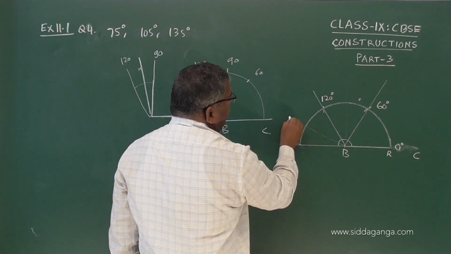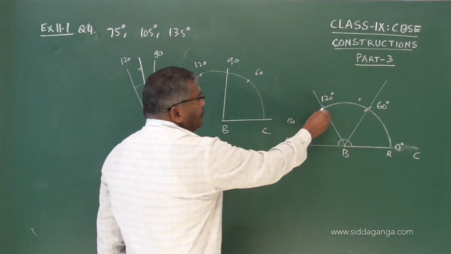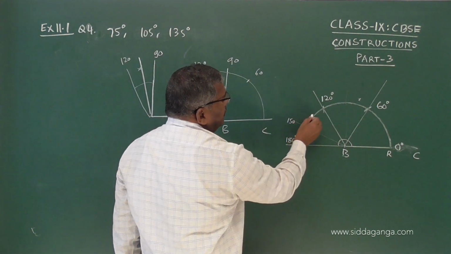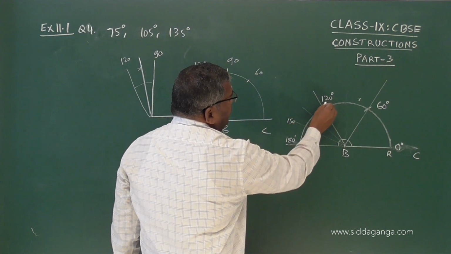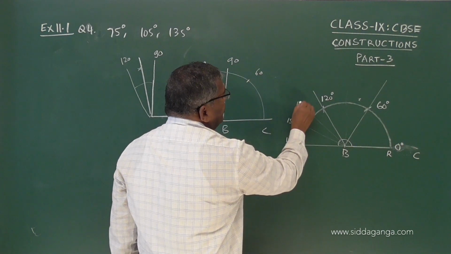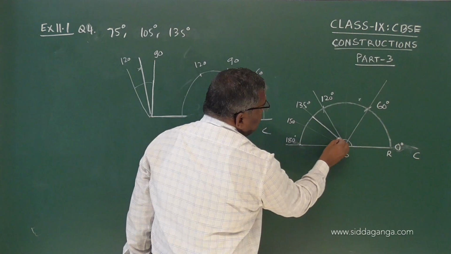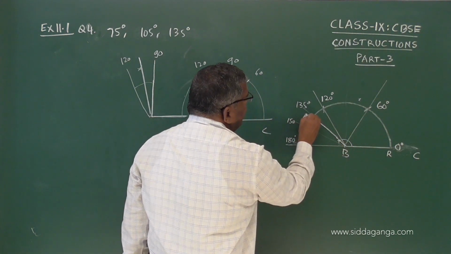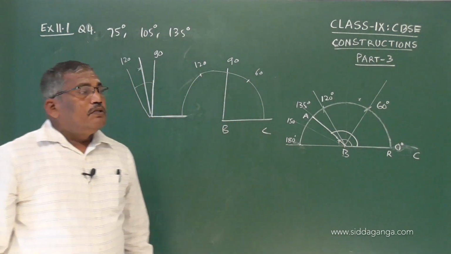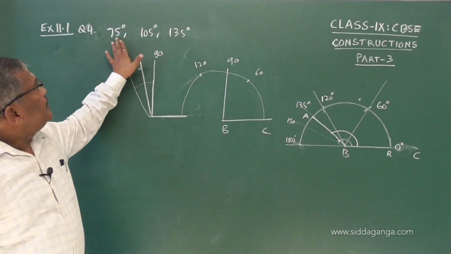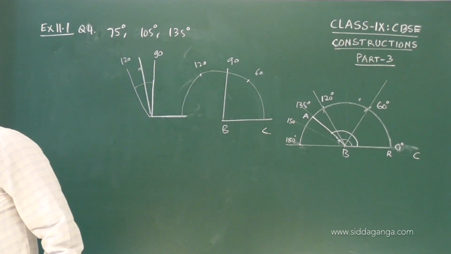So I will get 150. So difference from here to here is 30 degree. So again you bifurcate this. So 120, this is 15. This becomes 135 degree line. So I will join this. So you can call this point A. So this is the 135 degree angle. So this is how you have to construct 75, 105 and 135 degree angles.